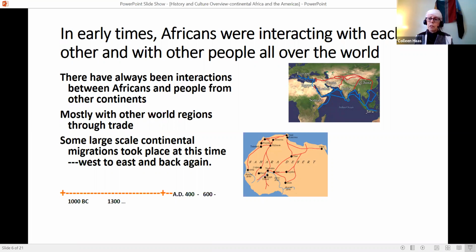So we need to see the early times of history as an interactive reality, very dynamic, lots of commercial activity, trading goods. And at that time, of course, it would have been bartering, trading services, or the early forms of currency, which would have been shells or small objects made out of gold.